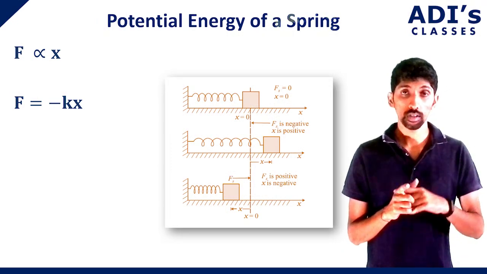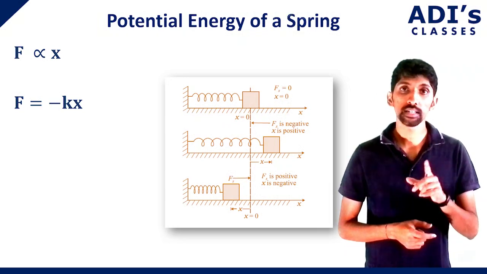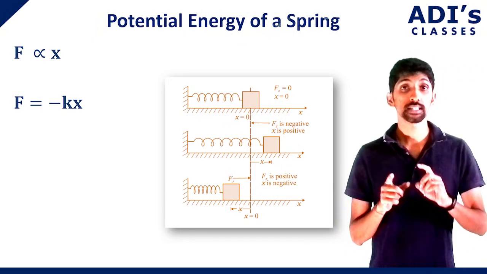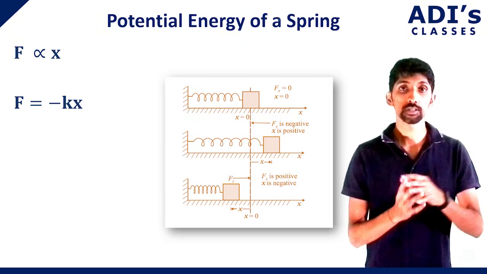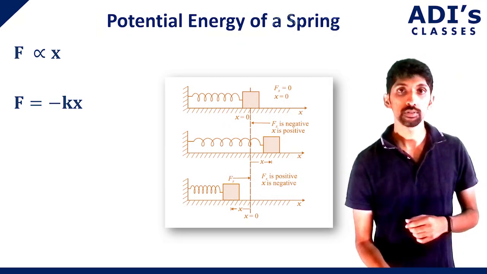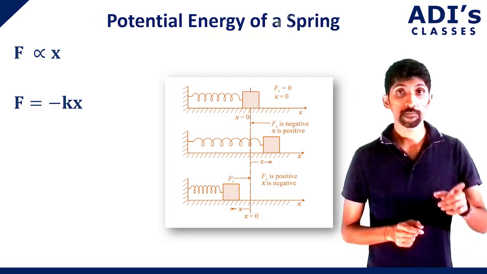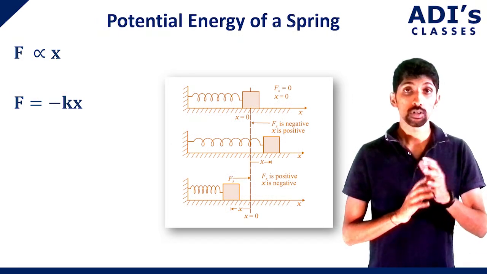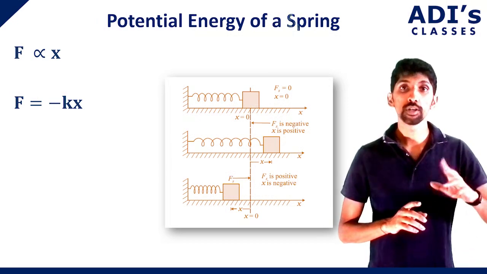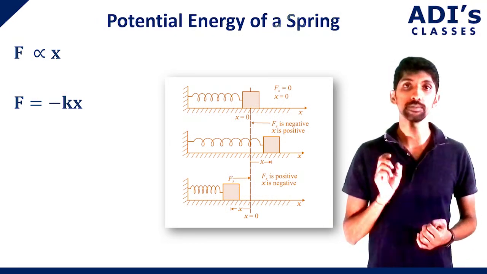If X is in the positive direction, then F will be in the negative direction. Whereas if X becomes negative, then F becomes positive, because you are compressing the spring. Since force is a vector, direction comes into play. So F and X move in opposite directions. This is the reason we get minus K into X.